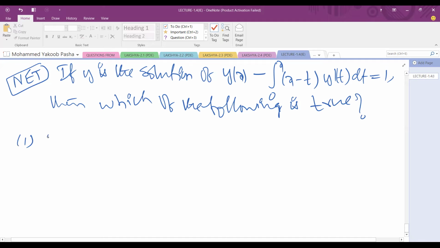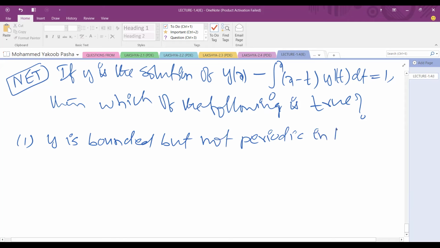Y is bounded but not periodic in R. R means the region, whatever the given region.